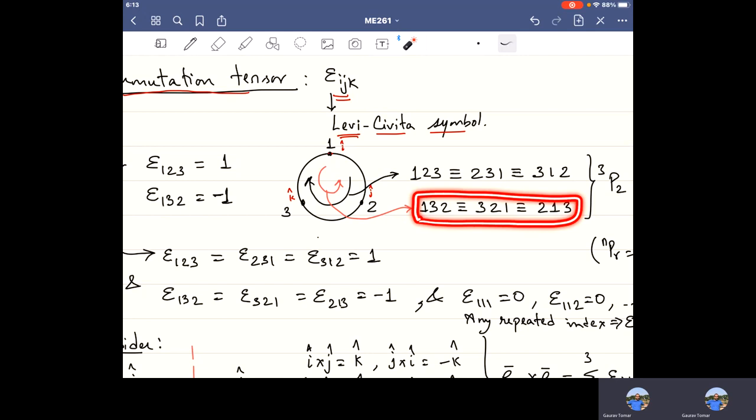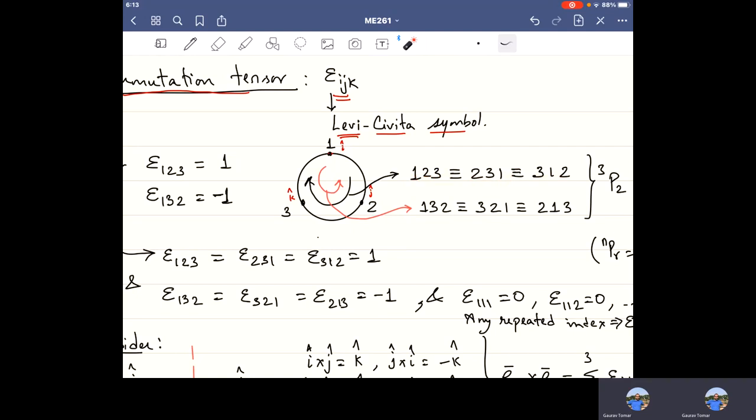When you move in the anti-clockwise fashion, you get minus 1. When you move in the clockwise fashion, you get 1. You can also think of it as a circle. If you take 1 to the back, it becomes 2 3 1. If you take 2 back, you get 3 1 2.